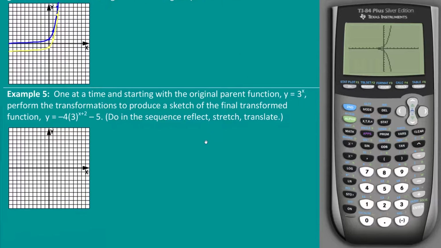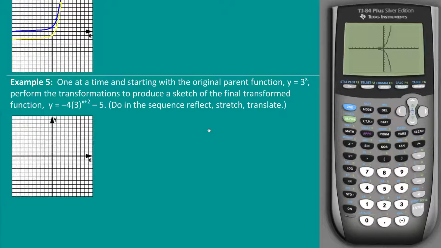And our final example, actually not our final example, example 5, we're going to be going through more than just one transformation. We're going to do all these transformations at the same time. So what's happening here? If I take my original parent function right here, we're going to multiply it with a stretch factor of -4.